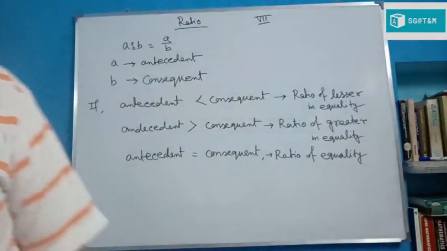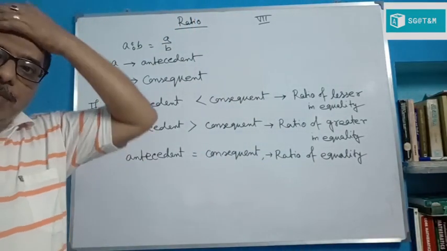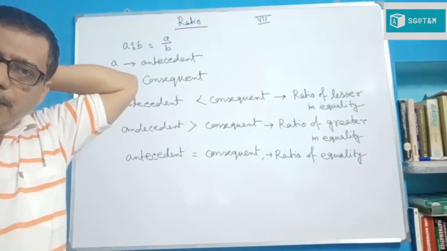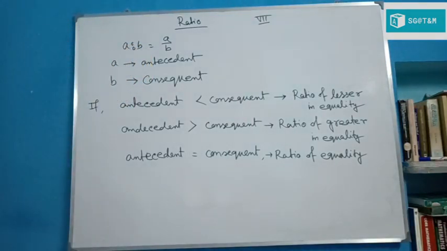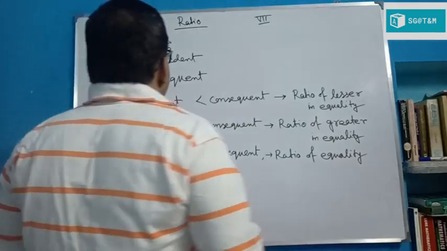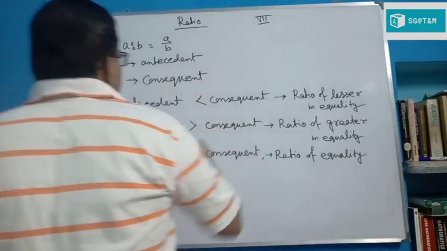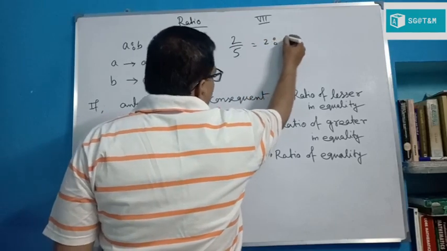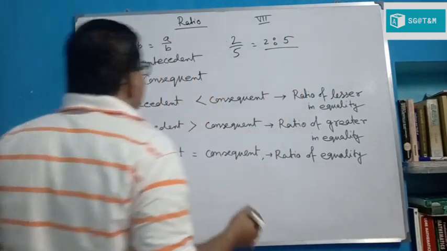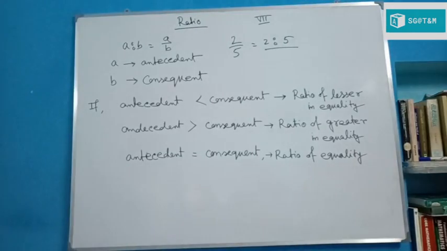Otherwise, we can't find the ratio. A is known as the antecedent and B is known as the consequent. If we take 2:5 or 2/5, here 2 is the antecedent and 5 is the consequent.